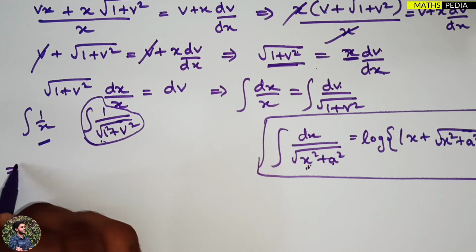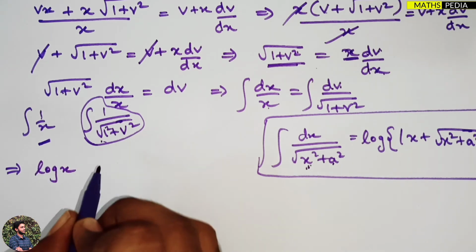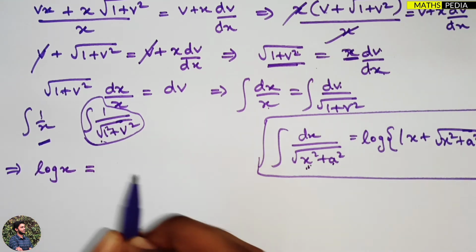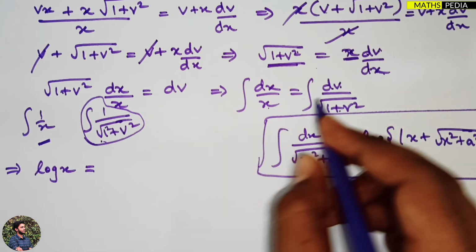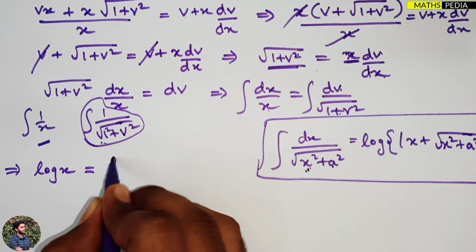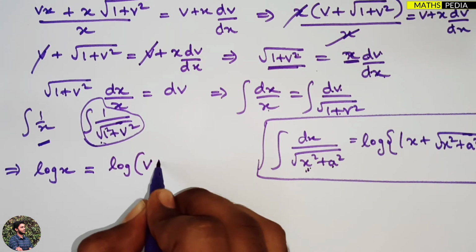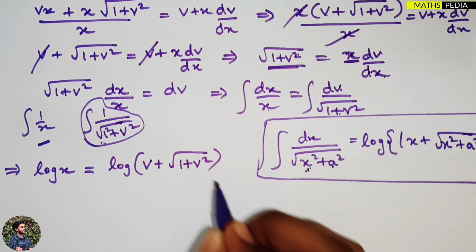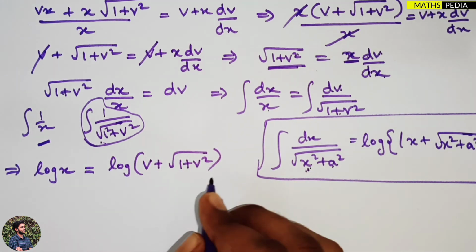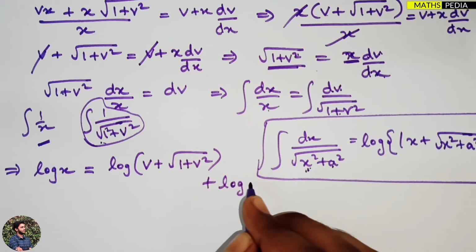So what happens next? That implies the integration of dx by x will be log x, which is equal to the integration of dv by this term. So I can write it as log of v plus under root of 1 plus v square, or v square plus 1 you can write, plus an arbitrary constant, which is nothing but log c.